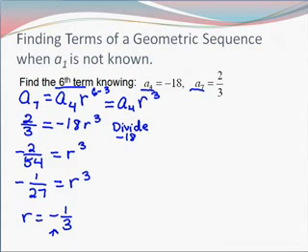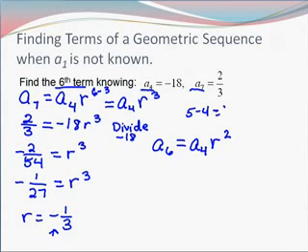Now that we know r, we can go back and find A6, and we're going to use A6 equals A4, and this time it's going to be r squared, because 5 minus 3 is equal to 2.